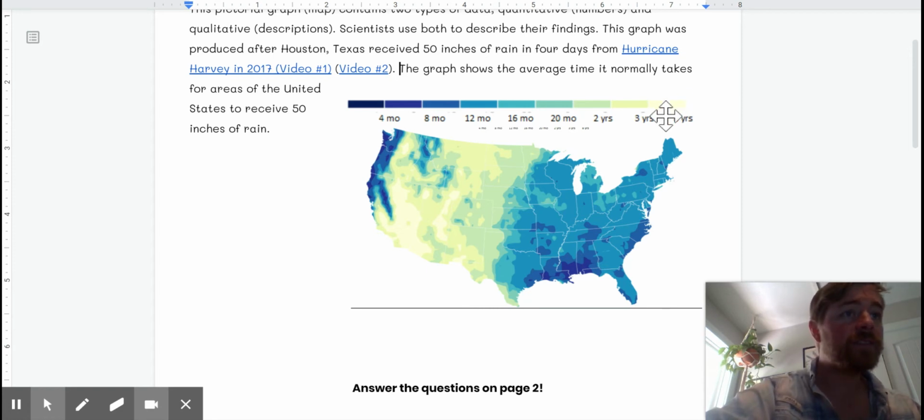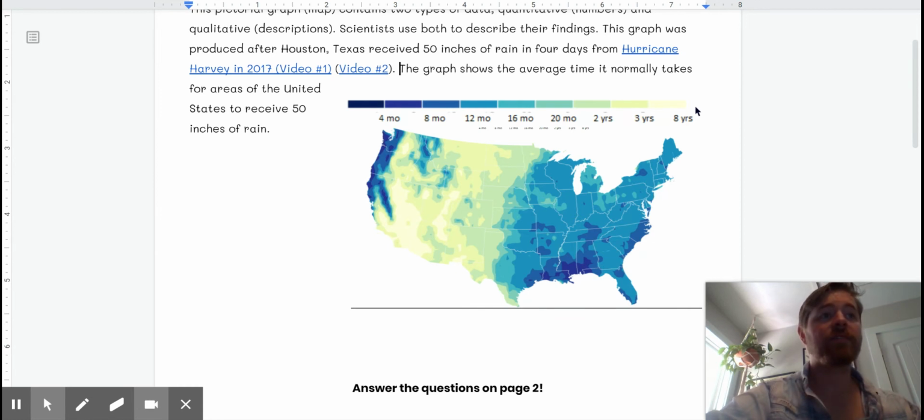So this lightest yellow, the end of our key, means that those areas take 8 years to get as much rain, 50 inches, as Houston down here in South Central Texas, how long it took them to get 50 inches of rain in 4 days during the hurricane.